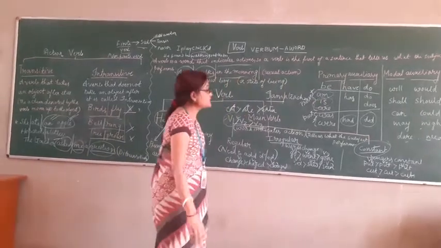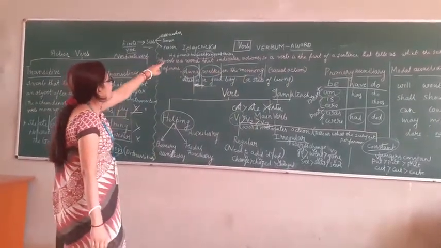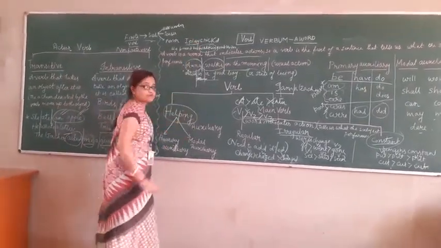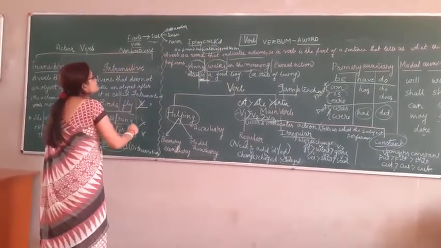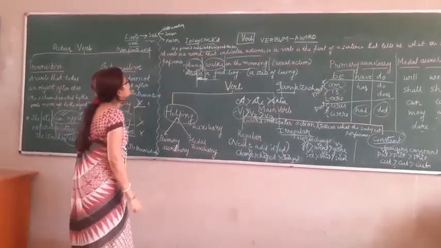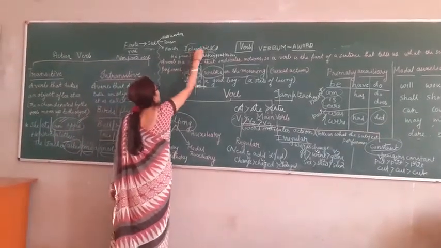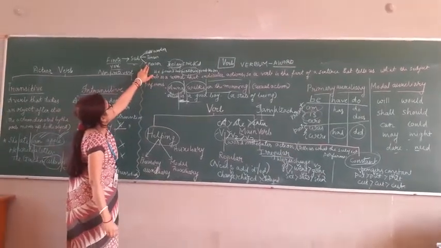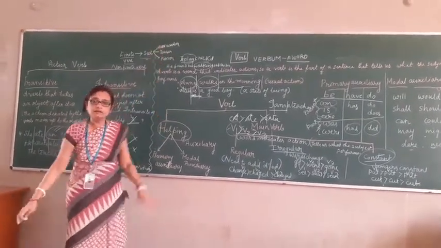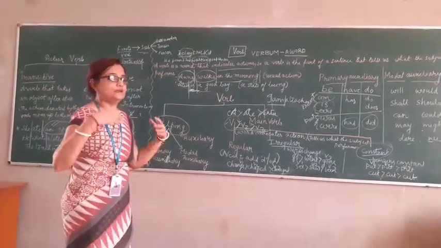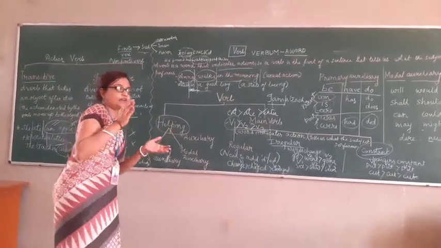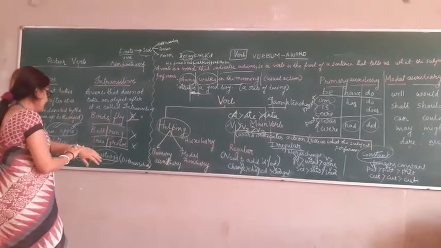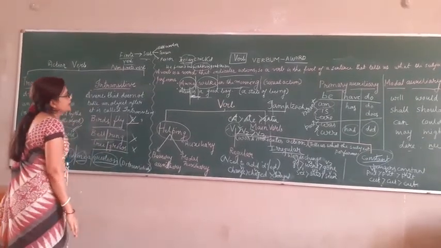I is first person, so it takes play and cricket. So it indicates the tense. It is the simple present tense, and the person is first person, singular number. So the verb agrees with the subject in the parameters of person, tense and number. Right? We will go further into details later because of the constraint of time I am not detailing further, but I believe you understood. Okay. Now the next is non-finite.